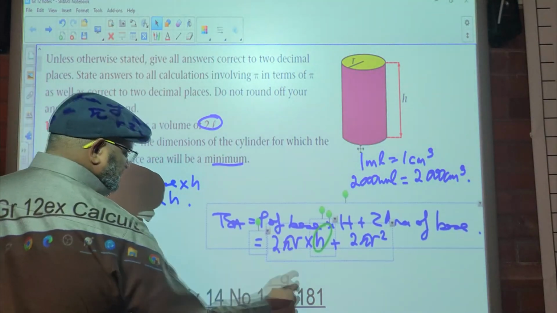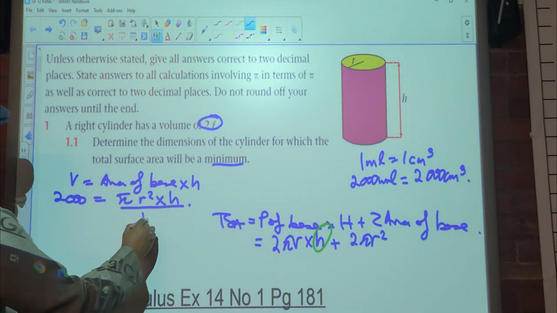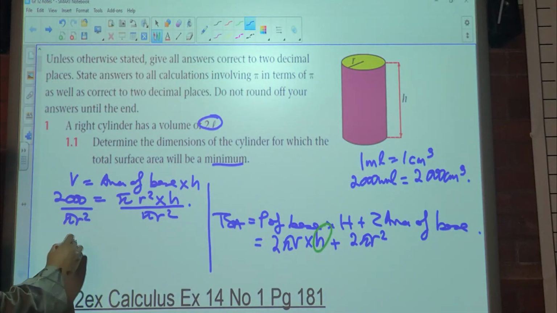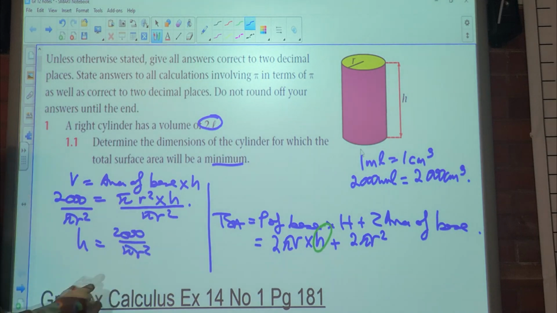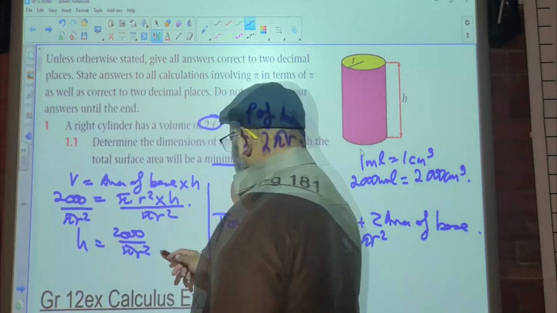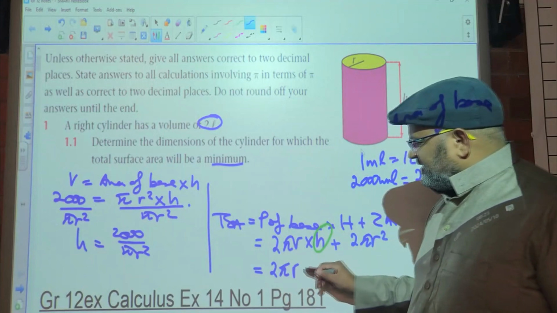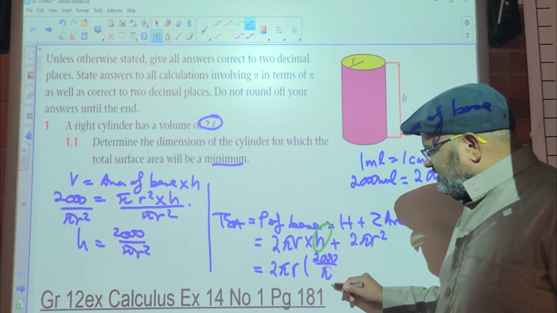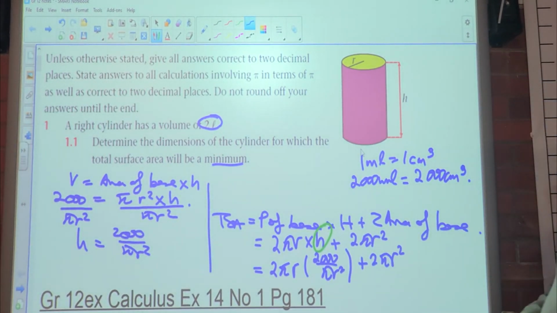Divide both sides by pi r squared. So h is equal to 2000 over pi r squared. If I substitute this into the surface area formula, it's going to be 2 pi r times 2000 over pi r squared plus 2 pi r squared.